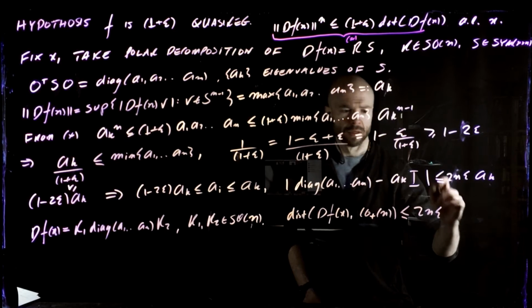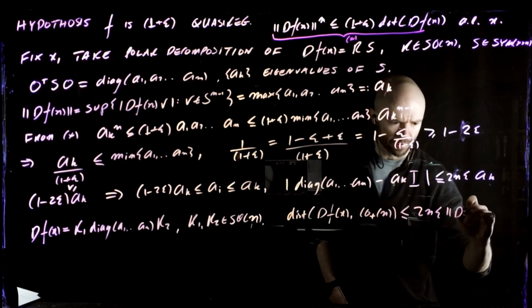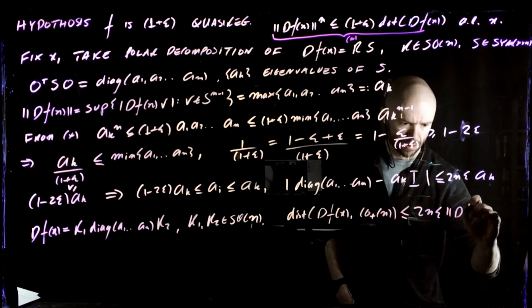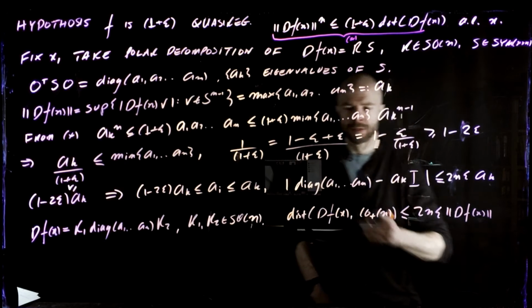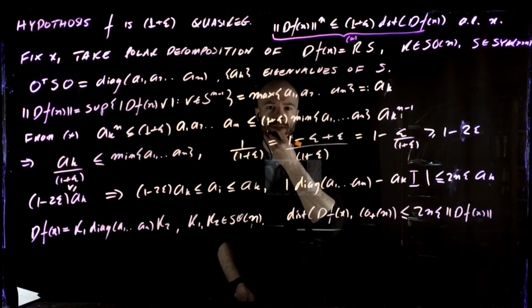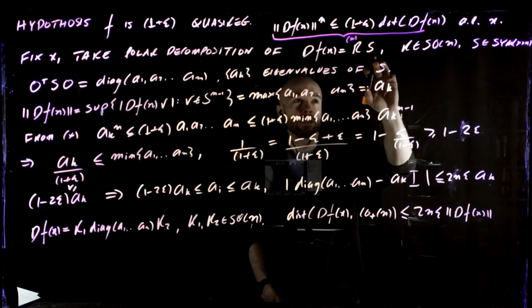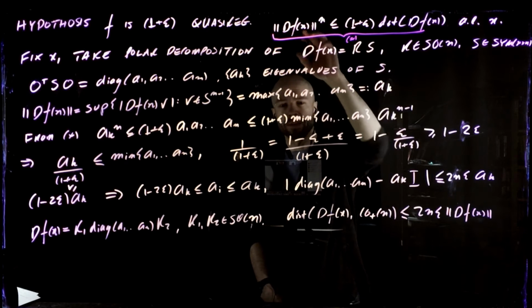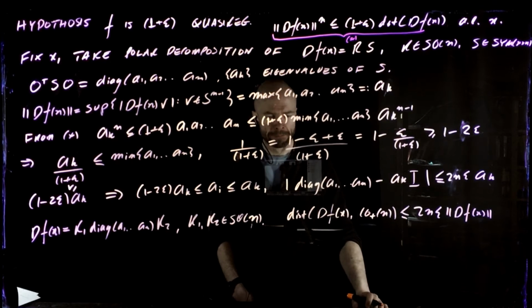And the highest eigenvalue, again, is the operator norm, like this. And that's true for every x for which this gradient is defined. Yeah? So this is an L infinity type control on the gradient.